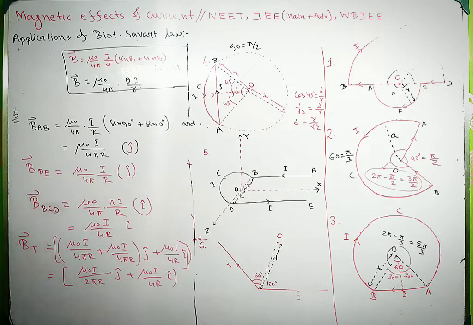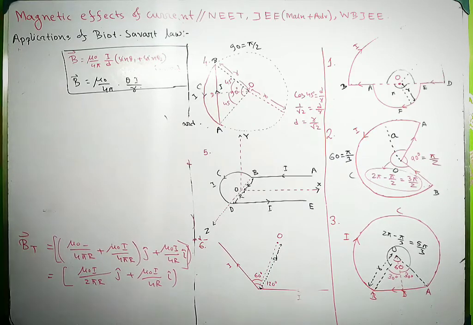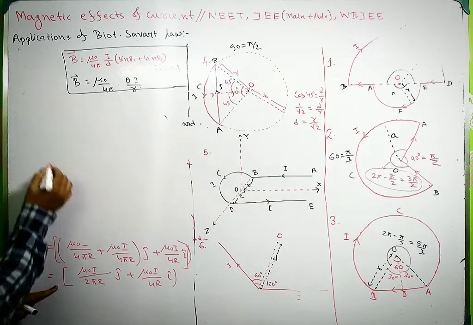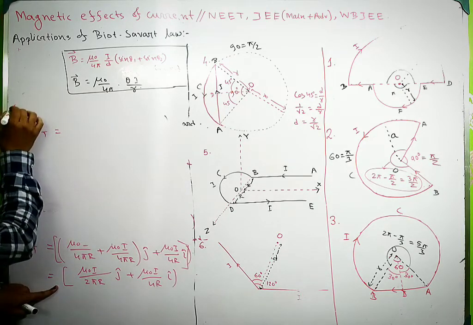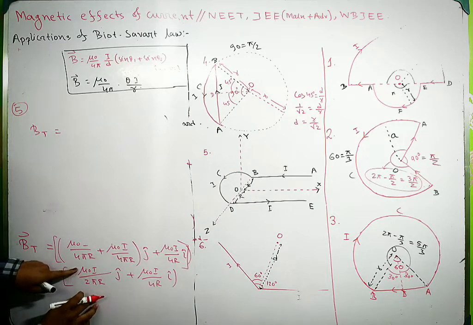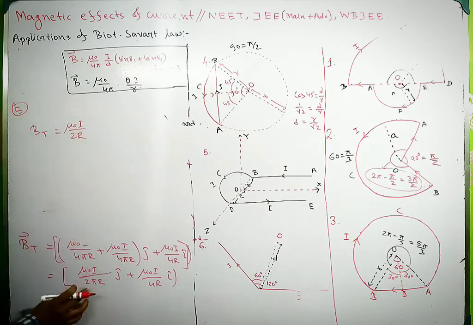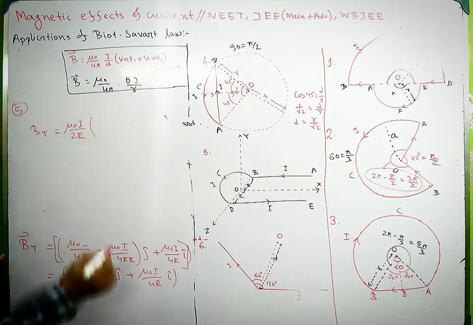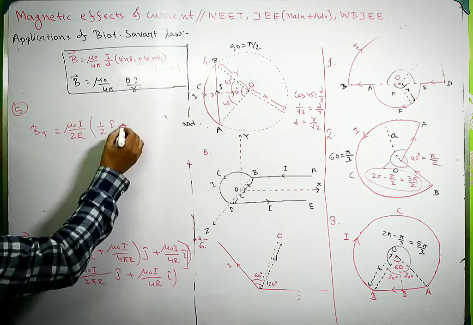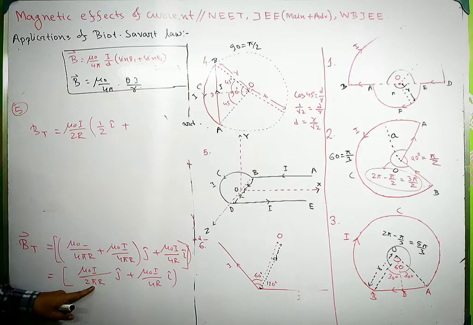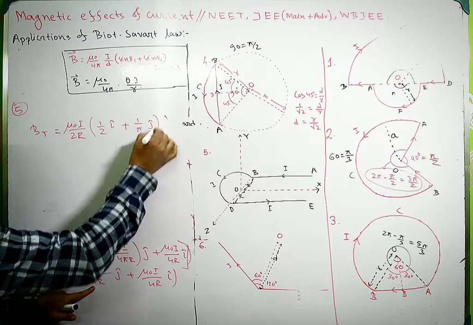If I take common, B total for problem 5 is given by: you can take mu 0 I by 2R common, so it will be one half i cap, and this portion will be only 1 by pi j cap.